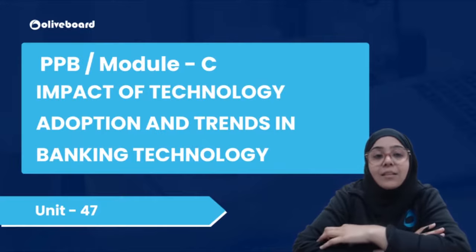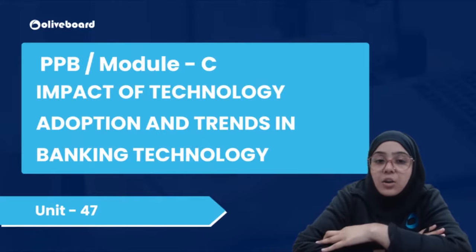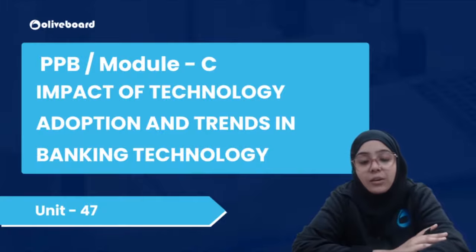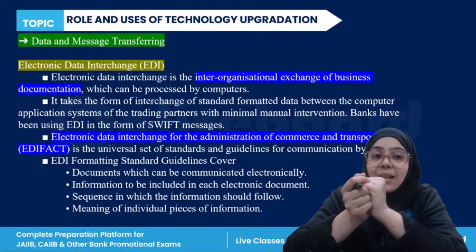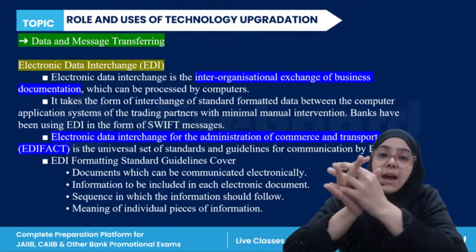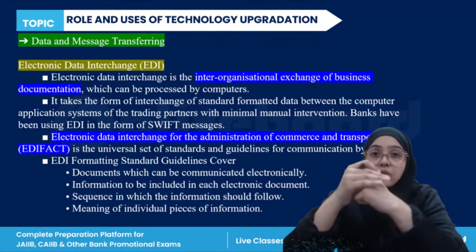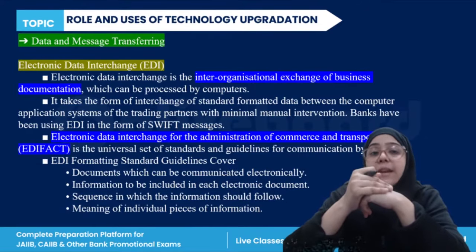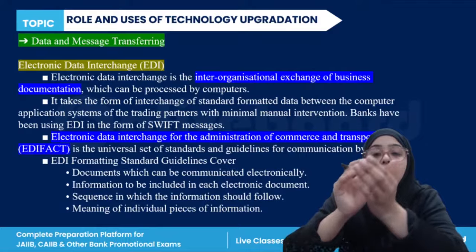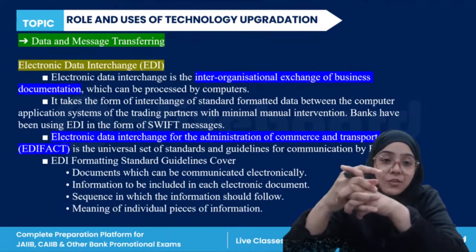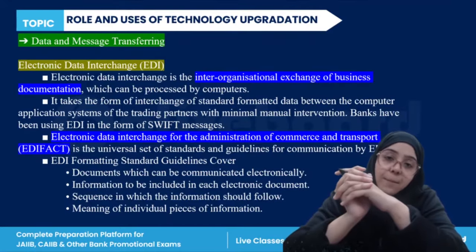So let's start discussing this chapter, impact of technology adoption and trends in banking technology. So first of all, if we talk about data and message transferring, there is electronic data interchange. Electronic data interchange is actually inter-organizational exchange of business documentation which is processed by the computer.